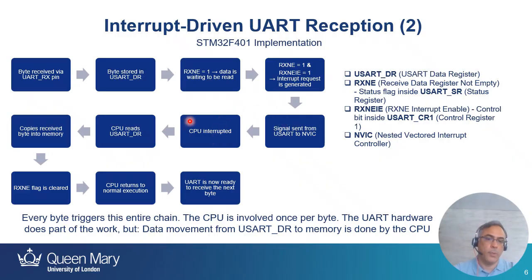Then the CPU reads the USART data register and makes a copy of the received byte into the memory. When this process is finished, the RXNE flag is cleared, so equals 0. The CPU after that returns to normal execution, and the UART is now ready to receive new data.